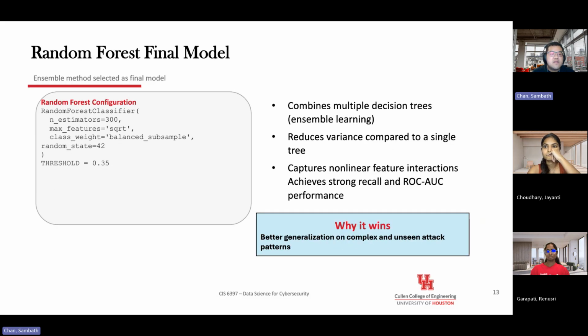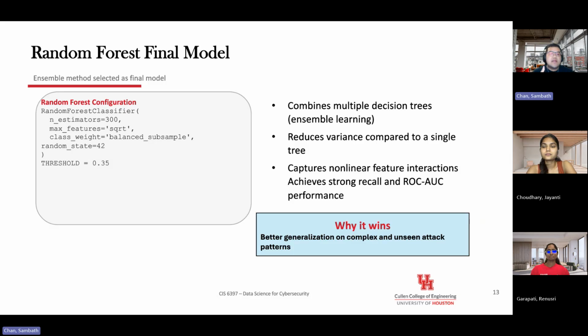Our next slide is about the random forest, the final model. Random forest is an ensemble method that combines multiple decision trees, which reduces variance and improves stability. It can capture more complex and non-linear patterns in attack traffic compared to a single tree.